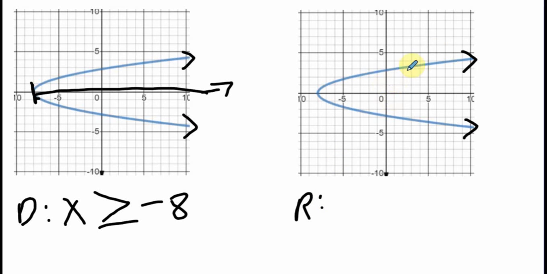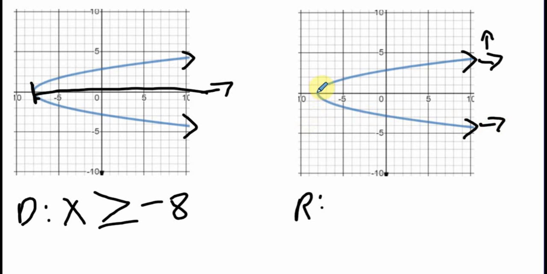Range, that's the up and down. So follow this arrow. It's going right, but it's also gradually, as you can see right here, going up, up, up. We come down here, it is going to the right as well.